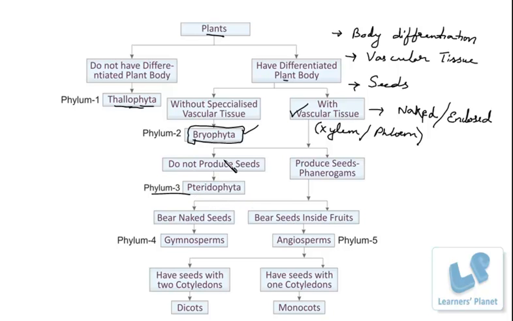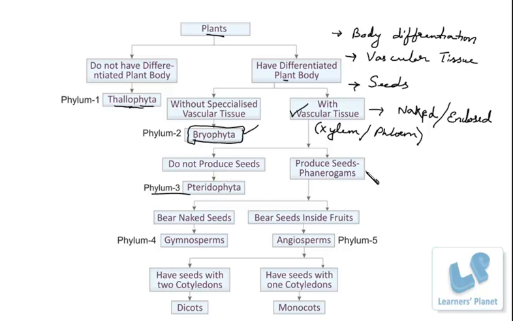Fine. Besides this, the next criteria, as I said, is the ability to produce seeds. These pteridophytes cannot produce the seeds, right? They are reproducing through the spores. So at this level, the organisms which are able to produce the seeds have to be separated from Pteridophyta.